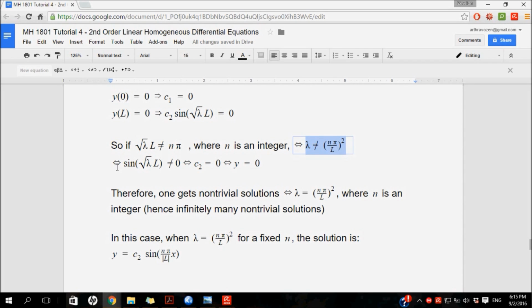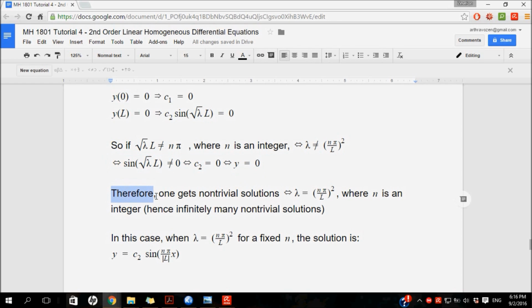Then sine is not equal to 0. But that means in our formula C2 would have to be 0, and then we would have the trivial solution.